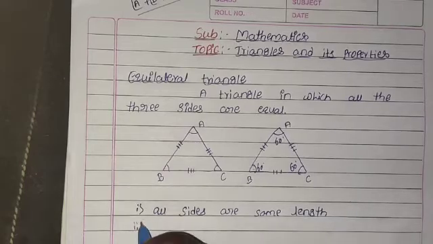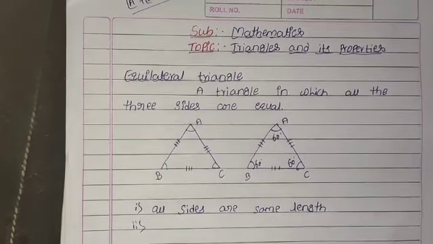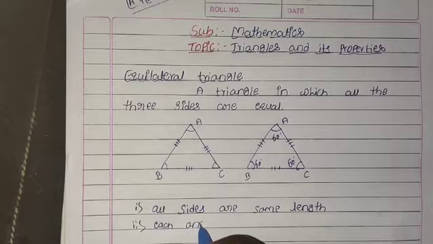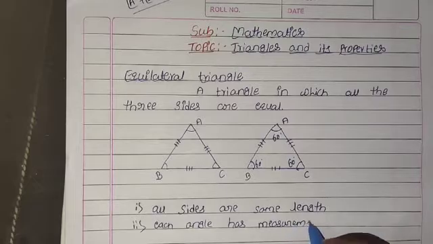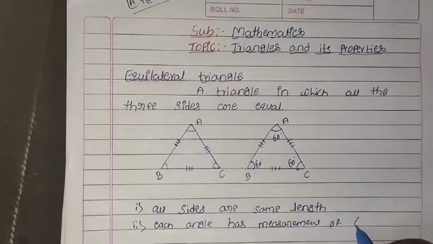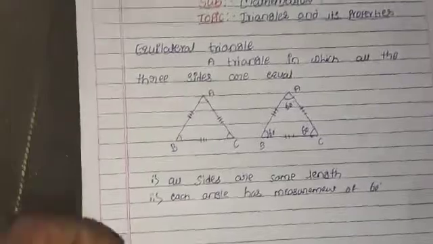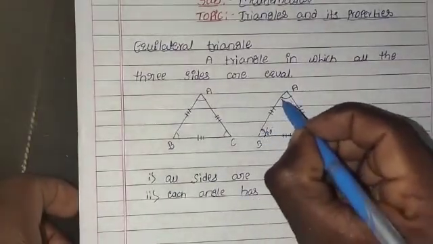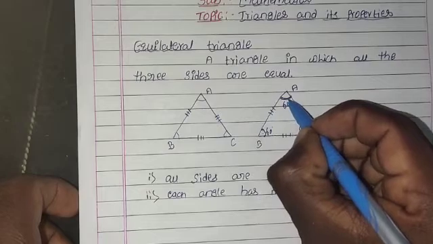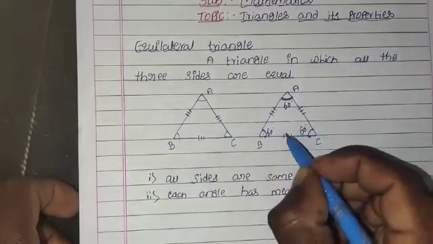The second one is that each angle has a measurement of 60 degrees. In an equilateral triangle each angle has a measurement of 60 degrees.